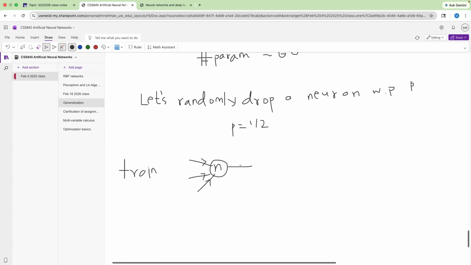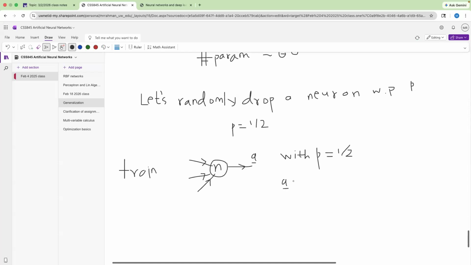Let's say it's a ReLU neuron, and then I have an output, let's say activation A. What I'm going to do is, with probability half, I'm going to set this to 0.